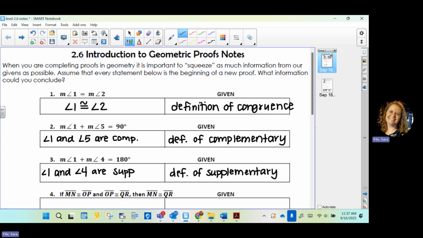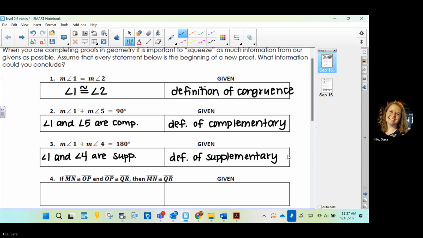And I'm going to abbreviate supplementary as well. So comp is complementary, sup is supplementary in my abbreviations.